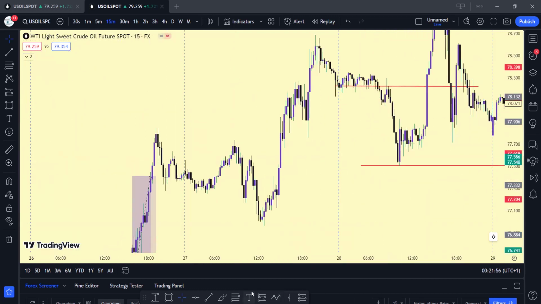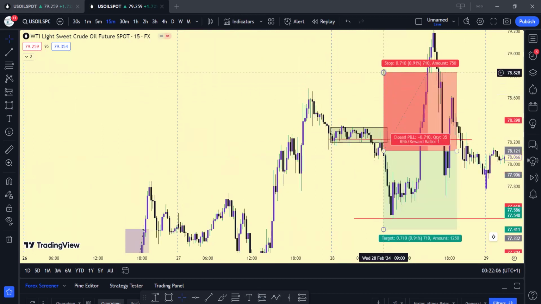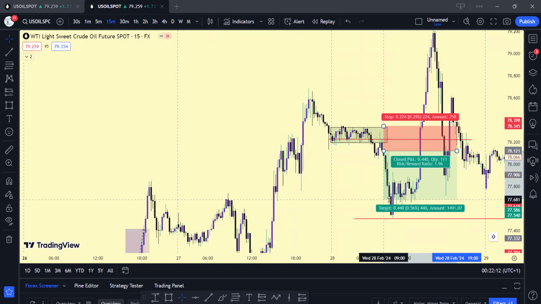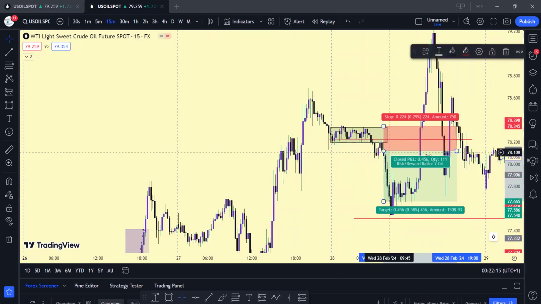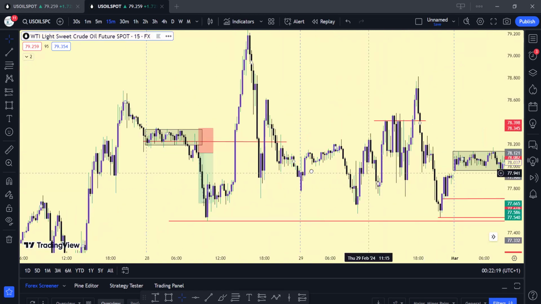This one again is another range. Your sell was here, your stop loss was around here, and you target just 2R. You got your 2R. So these are the things that you will start noticing.